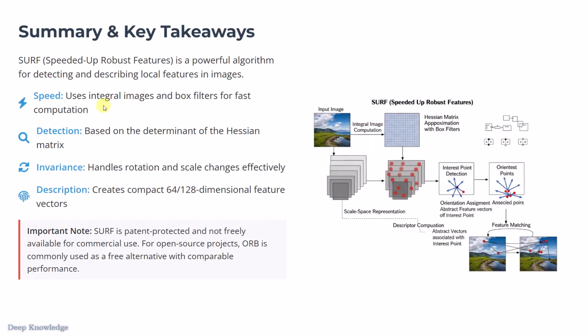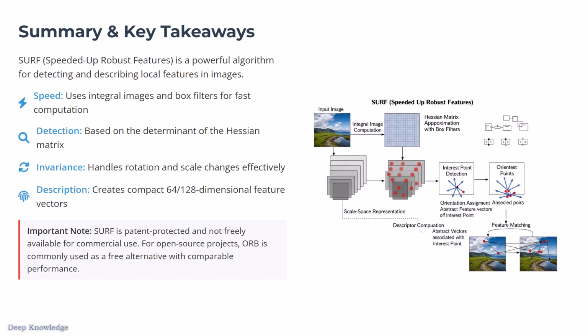So this is the summary, and its speed. Why is it fast? It uses integral images and box filters. Detection is based on the determinant of Hessian matrices, and invariance: even if the images are rotated or scaled, it will detect the matching.